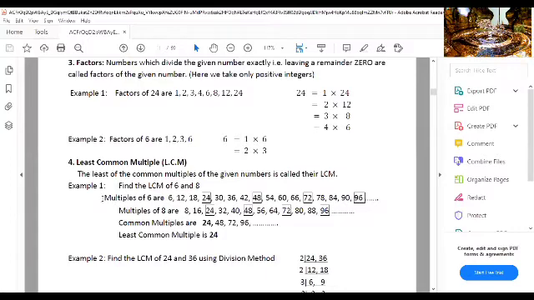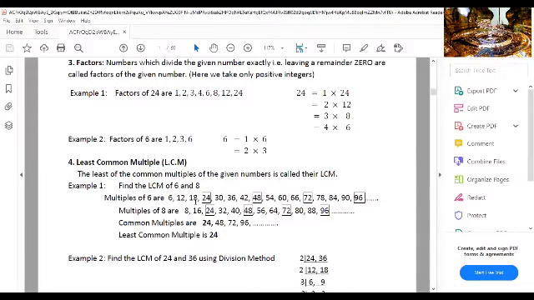The multiples of 6 are 6 ones are 6, 6 twos are 12, 6 threes are 18, 6 fours are 24, 6 fives are 30, 6 sixes are 36, 6 sevens are 42, 6 eights are 48, 6 nines are 54, 6 tens are 60, 6 elevens are 66, 6 twelves are 72, 6 thirteens are 78, 6 fourteens are 84, 6 fifteens are 90, 6 sixteens are 96, and so on.